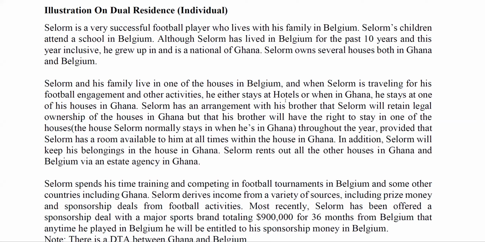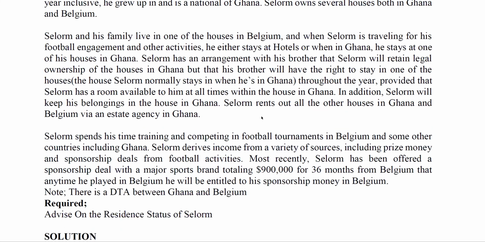You see, available to him at all times within the house in Ghana. In addition, Selom will keep his belongings in the house in Ghana. Selom rents out all the other houses in Ghana and Belgium via an estate agency in Ghana. Place of what? Administration of his properties. We read this, right? Is it starting to make sense?